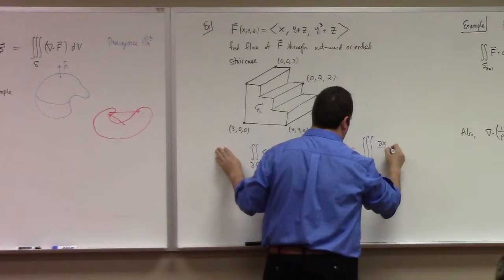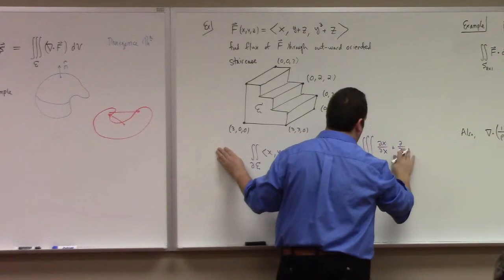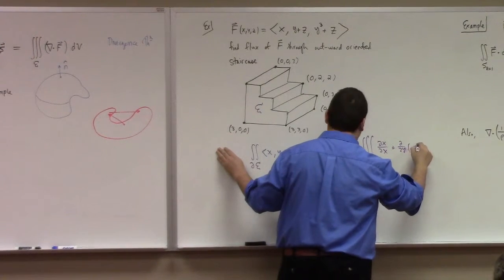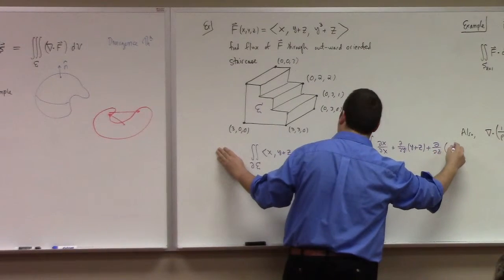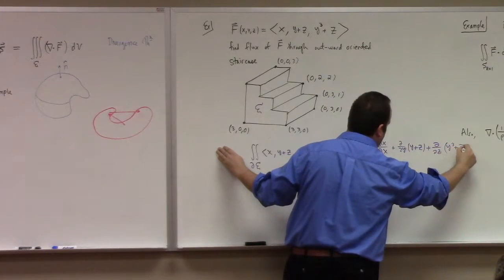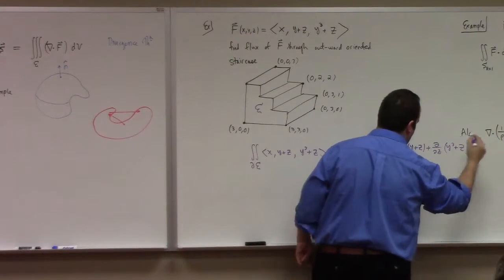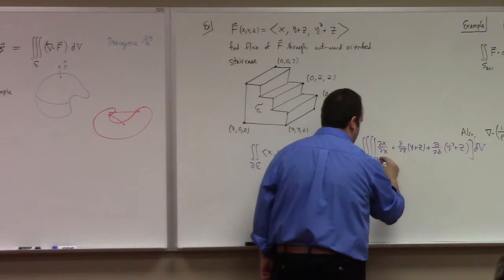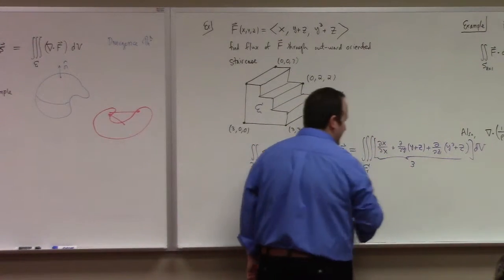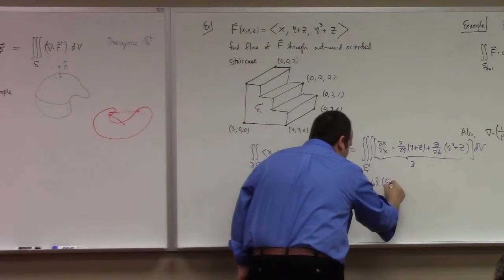Partial x of x, plus partial y of y plus z, plus partial z of y cubed plus z. That's the divergence, and of course that's 3. So what we have is 3 times the volume of E is the answer.